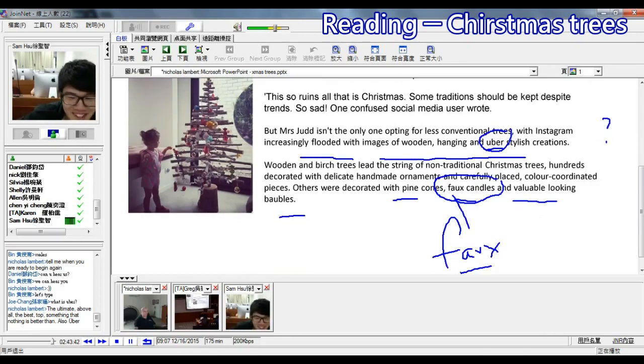We say "four" or "foul." I say four, some people say foul. But faux candles and baubles. So choose one of those two words and tell me what it means. It could be faux candles or baubles. It's up to you.